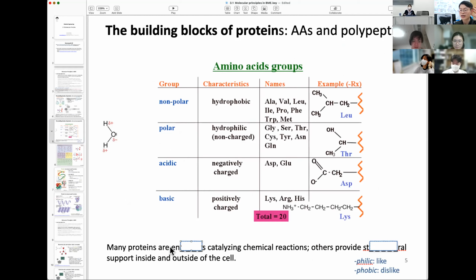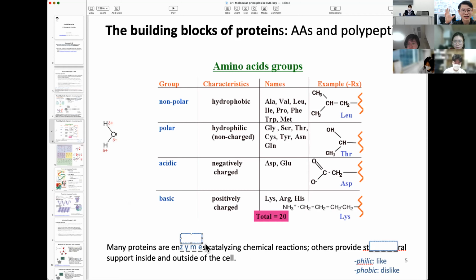Yes, many proteins are enzymes catalyzing chemical reactions. Can you guess? Youngmin? Yes, enzyme. Excellent. Yes, many proteins are enzymes which catalyze chemical reactions.